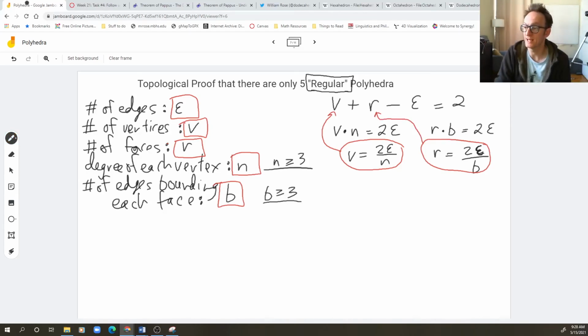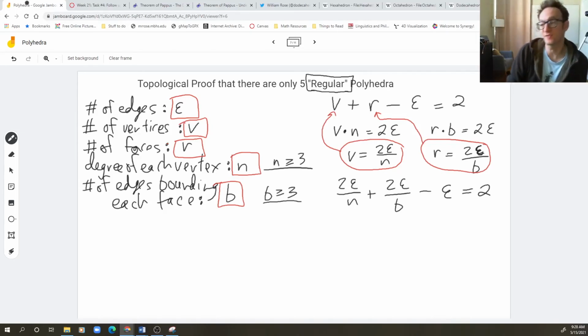We get that twice epsilon over n plus twice epsilon over b minus epsilon is 2. And now I'm going to divide all three sides of this by 2 epsilon. That gives me 1 over n plus 1 over b.